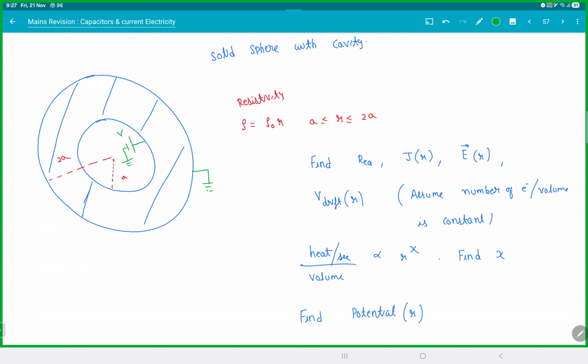Meaning this point's potential is V, and this surface's potential is 0. So at a distance r, what will be the potential? That's another good one. I'll give another 1 minute, then I'll show you. You don't need that, you can just take it as n. If you think some information is missing, just add it up. It's okay.